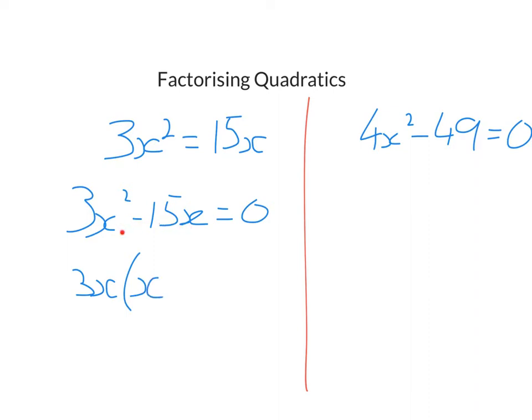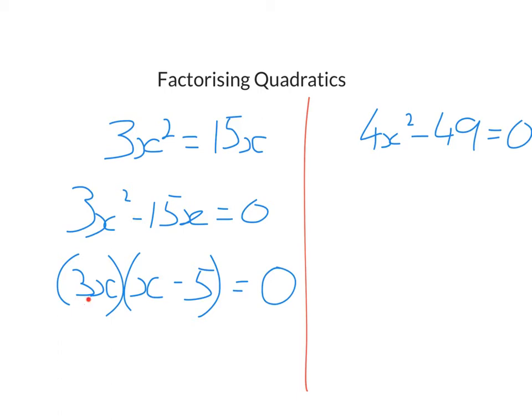For our next term, minus 15x. Minus 15 divided by 3 gives us minus 5, and x divided by x cancels out. So we end up with 3x times (x minus 5) is equal to 0. Now we have factorized this expression, but we'd like to solve it.